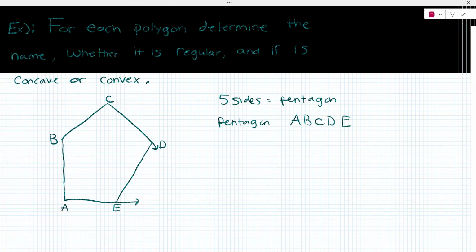You just have to make sure, if you start at A, you have to go to B, C, D, and E. Now, is this convex or concave? If you look at the arrows, they are outside. So if the arrows are outside, it is definitely convex, right? Okay.